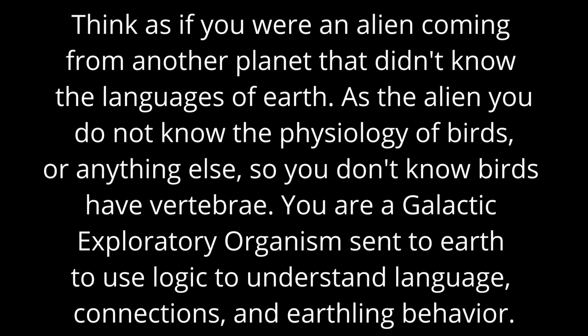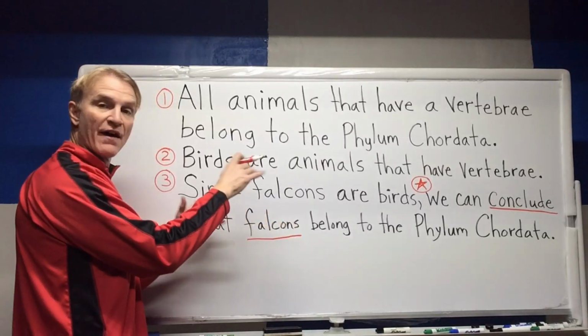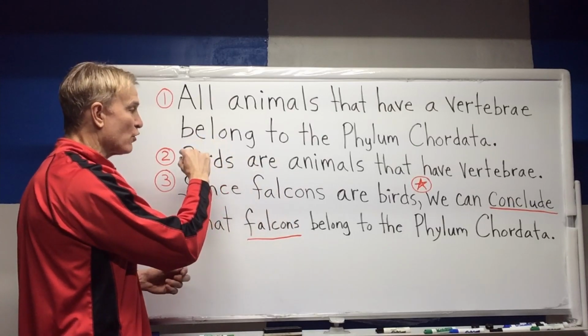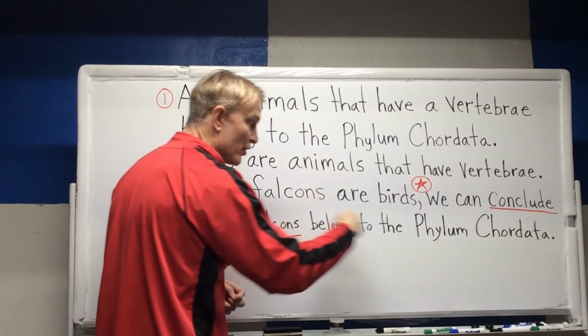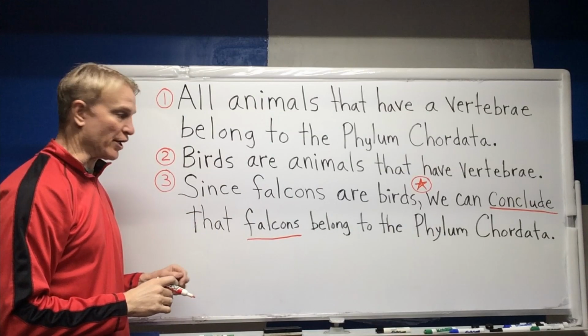As the alien, you do not know the physiology of birds or anything else. So you don't know birds have vertebrae. You are a galactic exploratory organism sent to Earth to use logic to understand language, connections, and earthling behavior. So that's not enough information to directly go from statement 2 directly into the conclusion.